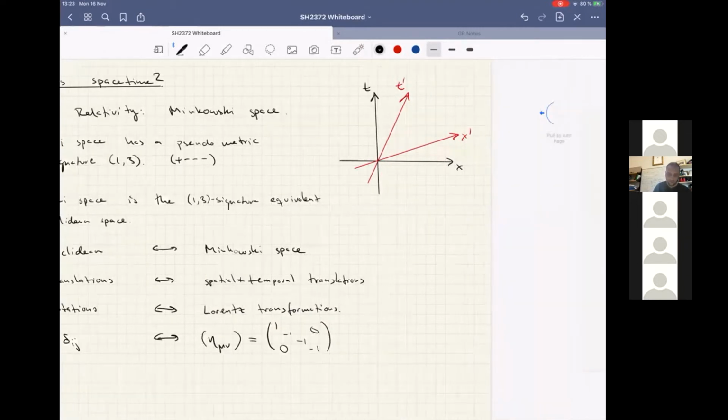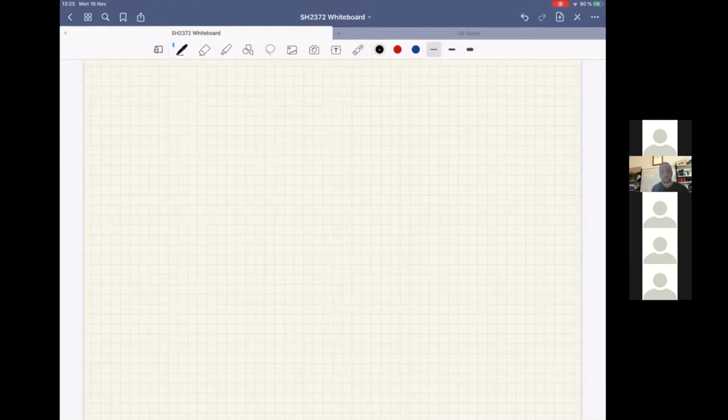Now, just as in Euclidean space we were not restricted to using Cartesian coordinates, we can in general also use curvilinear coordinates in Minkowski space, and there's a very interesting set of coordinates which is called Rindler coordinates, which is a curvilinear coordinate system of Minkowski space.